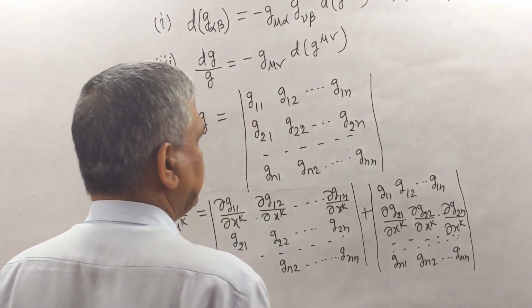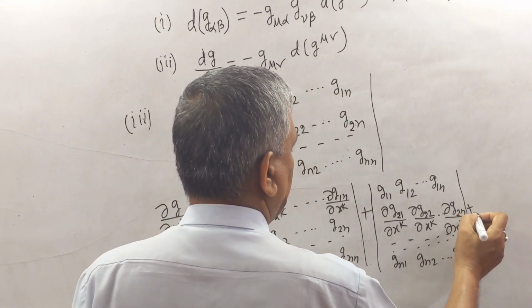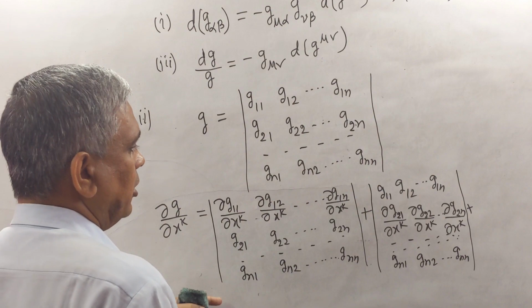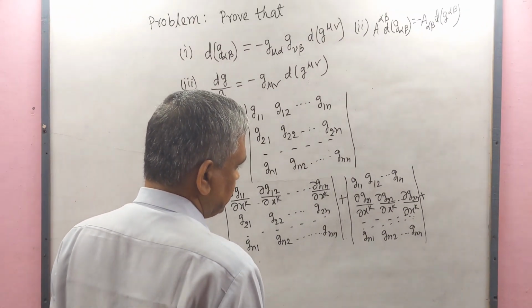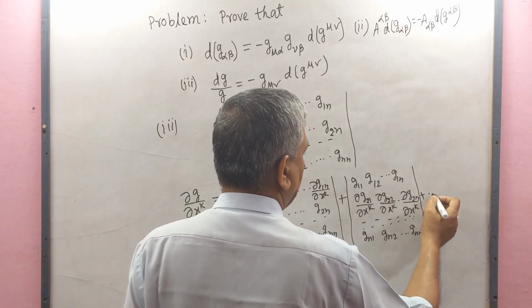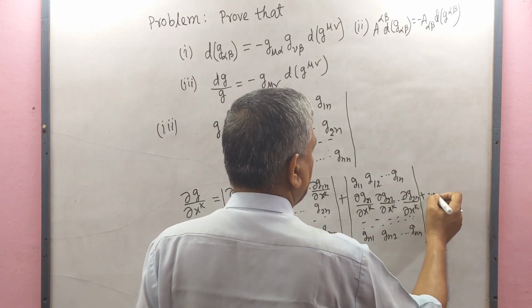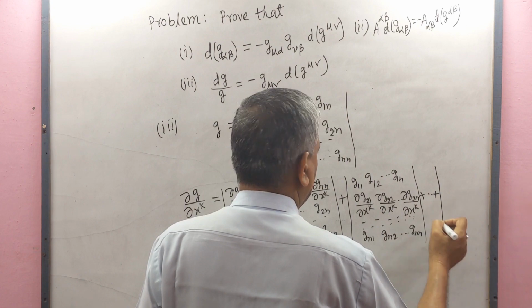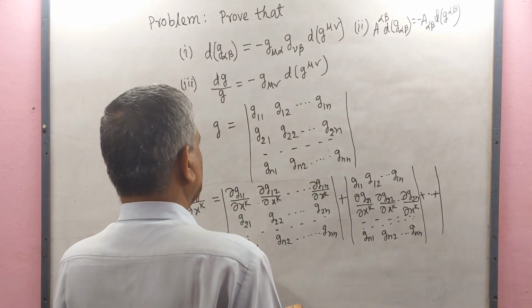And next we differentiate third row and plus next differentiate fourth row, and lastly we differentiate last row, nth row.